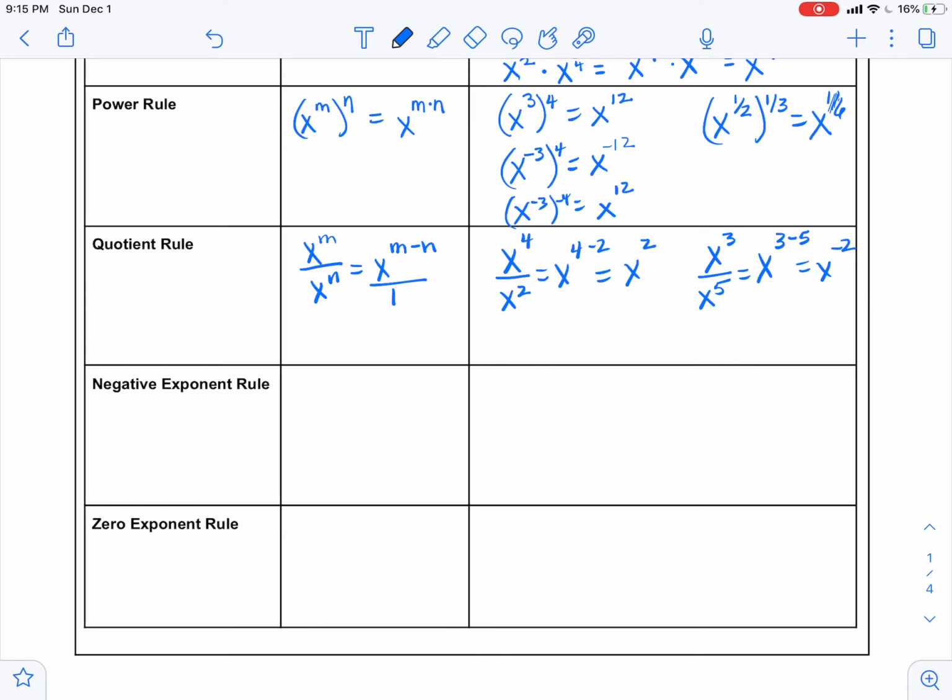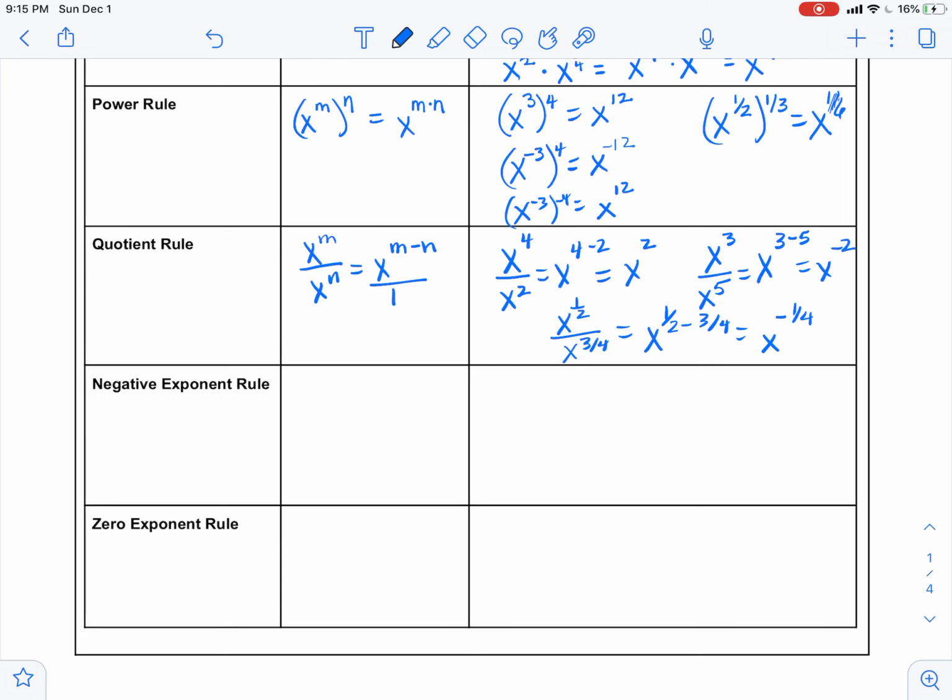We're going to do the same thing with fractions. If you had x to the 1/2 over x to the 3/4, it would be x to the 1/2 minus 3/4, and so that would be x to the negative 1/4. Those rules are going to continue on.